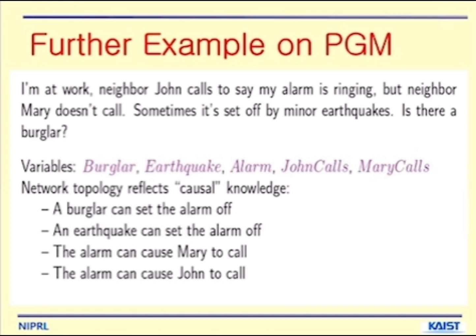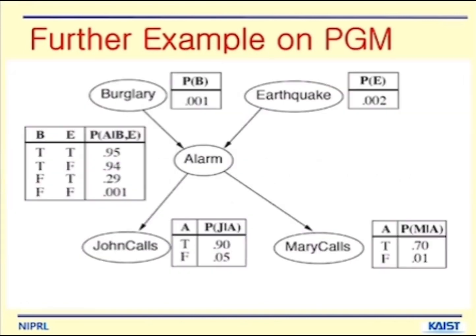So the network topology reflects the causal knowledge. A burglar can set the alarm off, and an earthquake can set the alarm off, which means there are 2 things that can set the alarm off. Then the alarm can cause Mary to call, and the alarm can cause John to call. Because of that, we have this network.